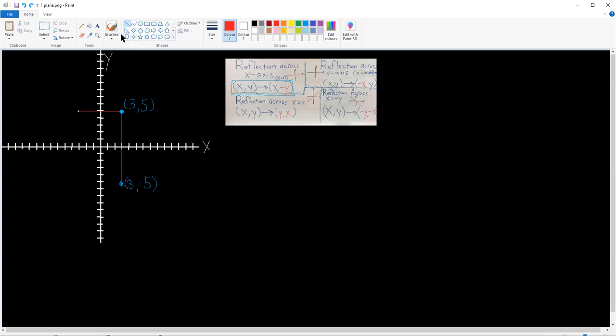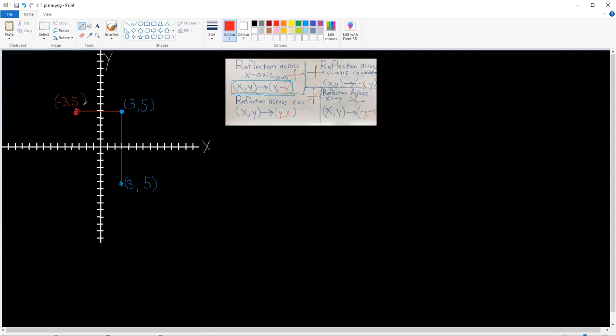For (-3, 5), the absolute value of 3 is the same. It's still 3 from our midpoint line, which is the y-axis, but the sign has changed. And 5 is still 5. It hasn't changed its distance from the x-axis at all.